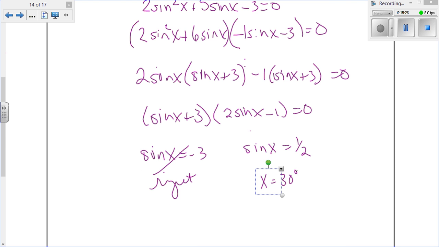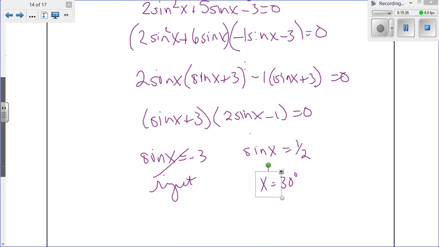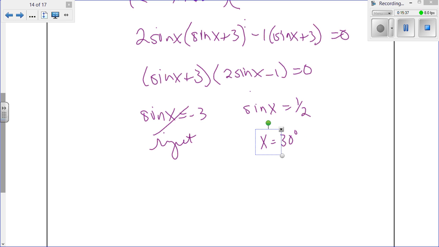But if we look back at the original problem, it tells us to go between 0 and 2 pi, including 0 but not including 2 pi, which means we have to put our answer in radians. So 30 degrees is pi over 6. Sine is positive in quadrant 1, so x, not theta, is equal to pi over 6.